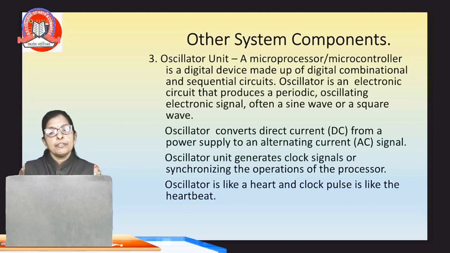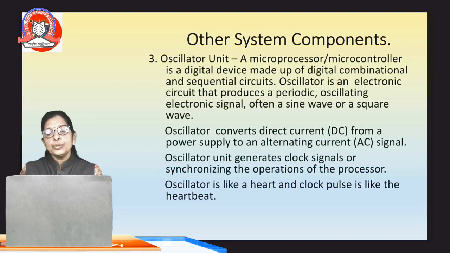a square wave. These are the characteristics of an oscillator, which converts direct current from a power supply to an alternating signal, that is, DC to an alternating current, which is an AC signal.